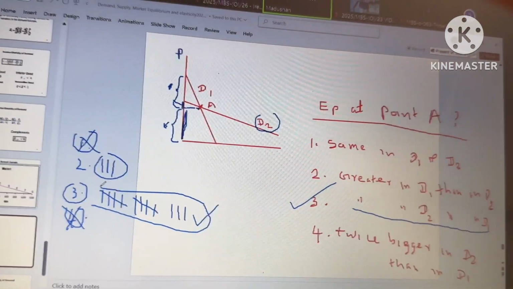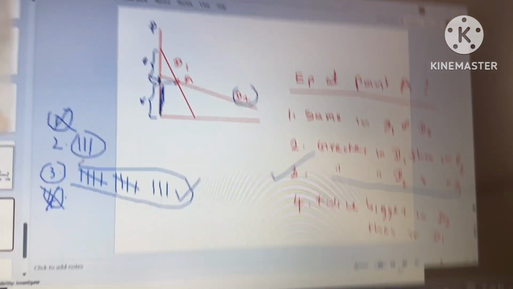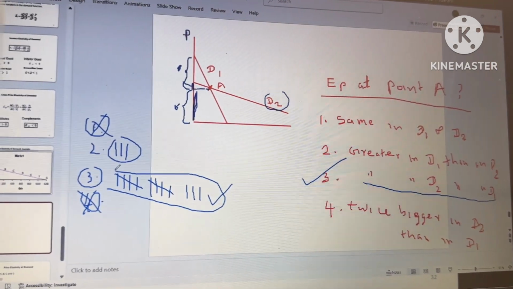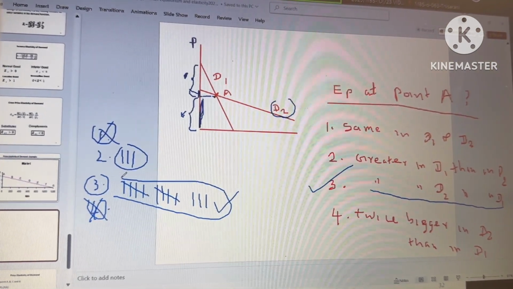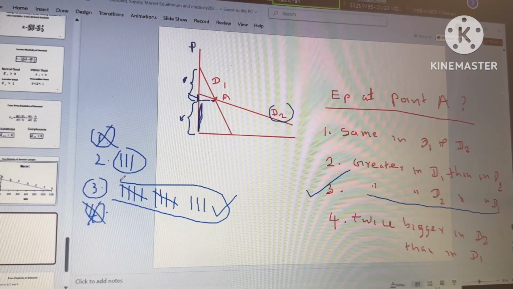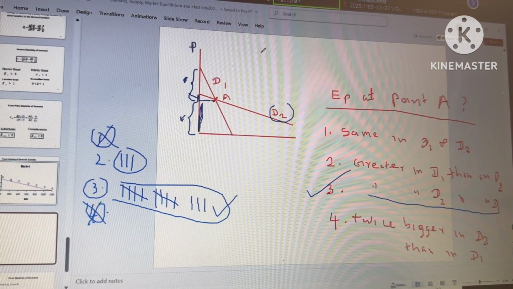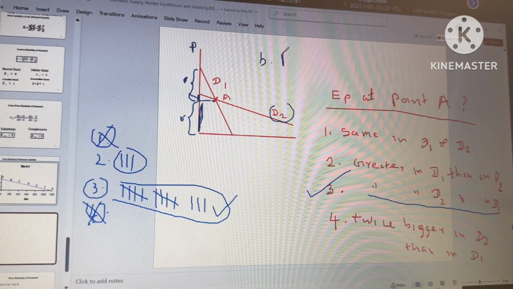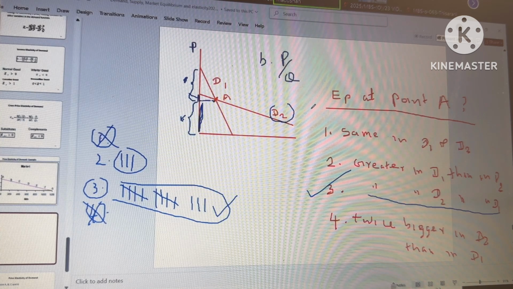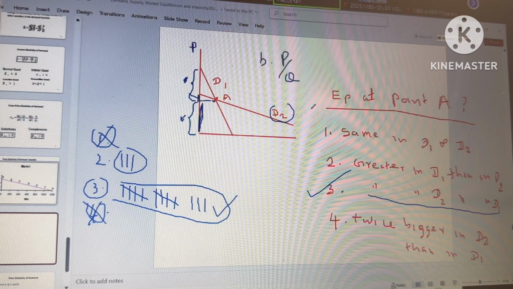So I have a small question. If we consider the following equation, elasticity equals B, that slope, multiplied by P divided by Q. Then in this position A, both P and Q are similar, no?